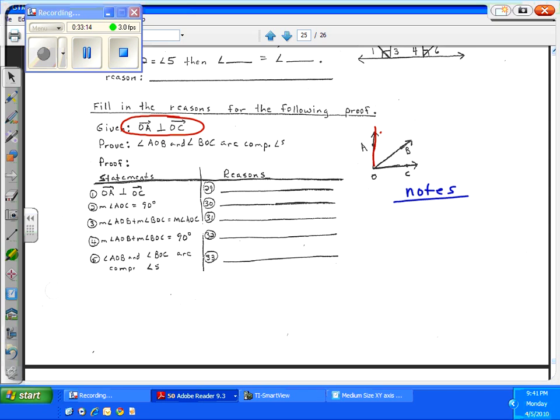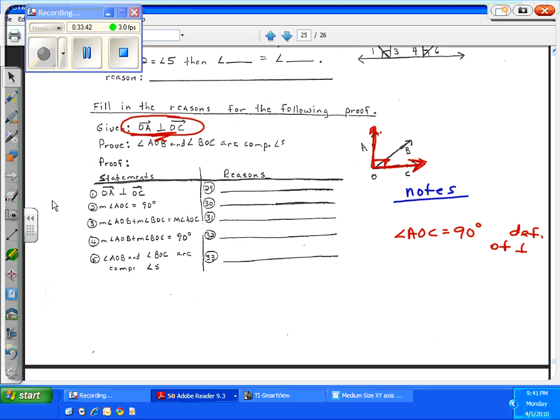We then would take what we're given, mark it in the diagram, and write statements and reasons derived from the markings in the note section. Given that AO is perpendicular to OC, we reach the conclusion that that angle right there is 90 degrees. So we can say that angle AOC is equal to 90 degrees.